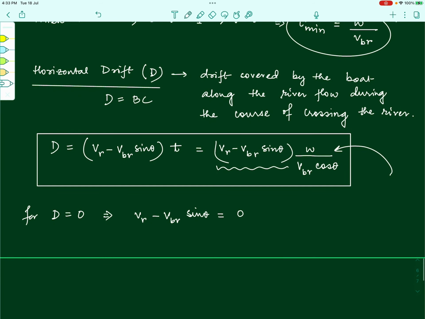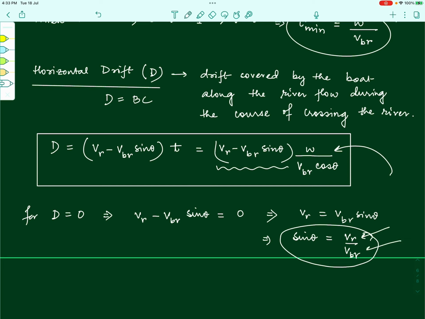And if this goes to 0, what does that imply? It implies VR is equal to VBR sine theta, or sine theta is equal to VR by VBR. So if we have the river's velocity with us, and if we know the boat's velocity with respect to the river, we can choose the angle theta in such a way that this equation is valid.